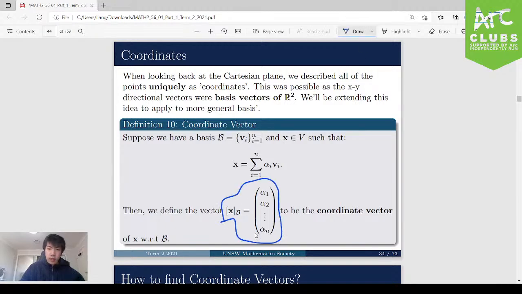And we call this vector here a coordinate vector. And what we said before was that these vectors here, given a certain basis, is always unique. There's only one particular way that you can have these scalars out in the front.